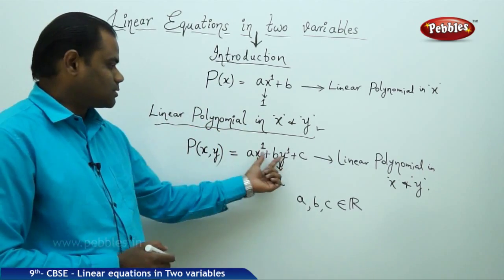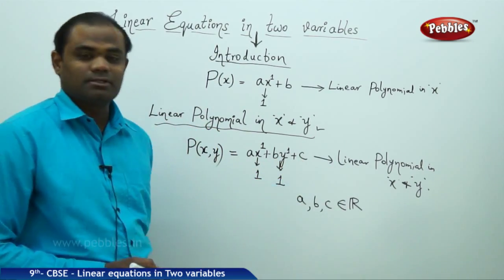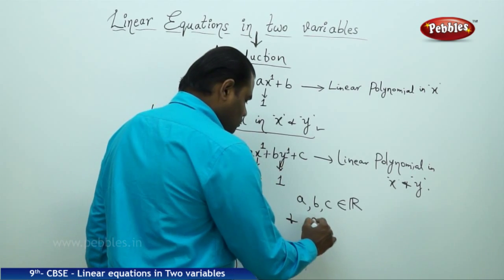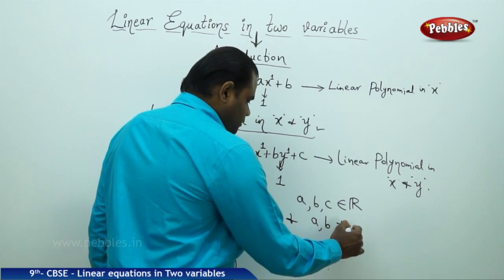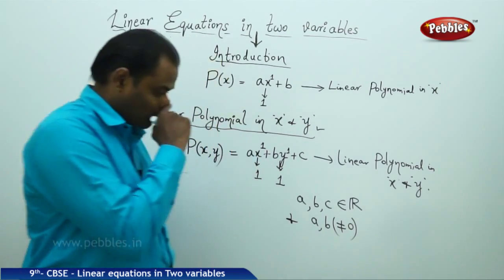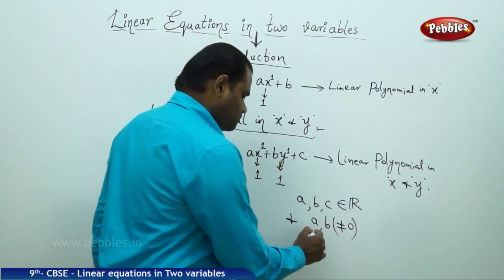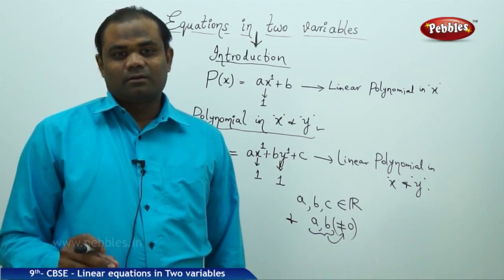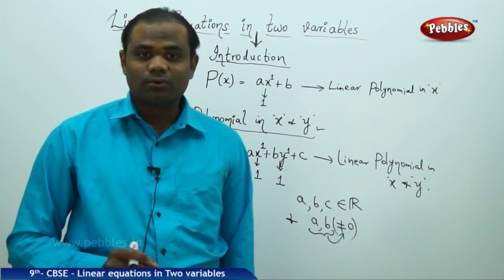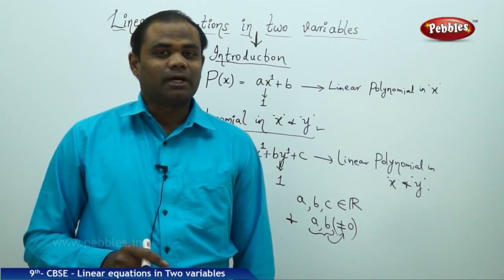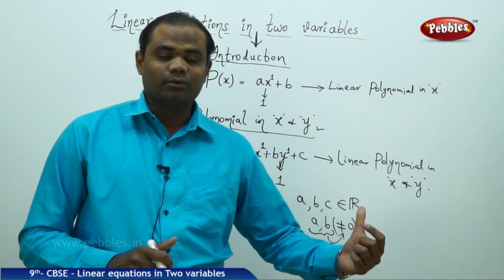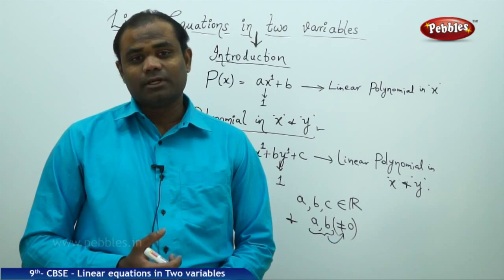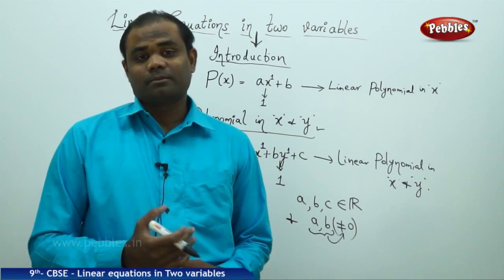The three constants or coefficients must be real numbers, and the second rule is that a and b should not be equal to 0. They must be non-zero. A, B, C belong to R and A and B are non-zero real numbers is how I define the linear polynomial in two variables x and y.